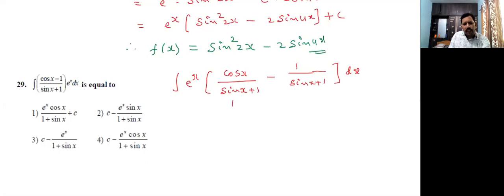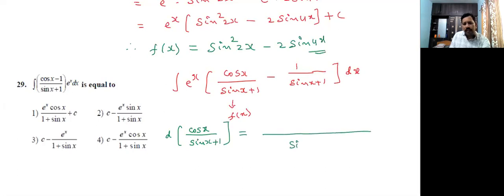Suppose this is f of x, then what is f dash of x? Do the derivative once. The derivative of cos x divided by sin x plus 1. Apply the u by v rule.